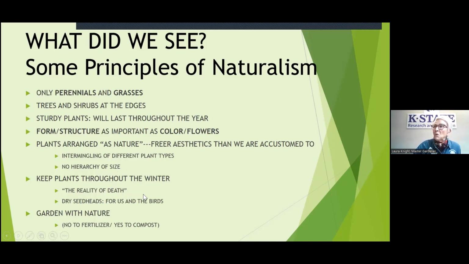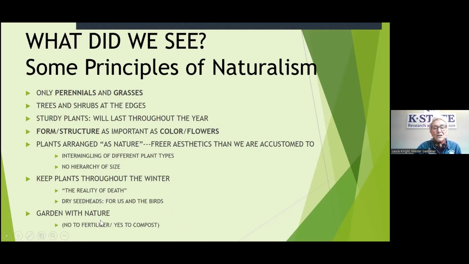It's natural to be born, it's natural to die, and plants, when they die or they are dying, get grayish, blackish, brownish, beigey, and also keep the dry seed heads, not only because they're part of that form and structure, but because the birds love them. There's nothing more beautiful than knowing that you are feeding the birds in your bird feeder, but they prefer to be on the grass, tall grasses, trying to get some food from those seed heads.